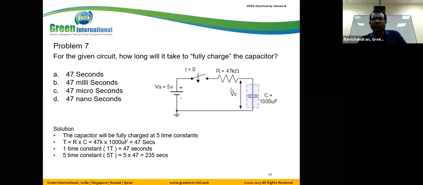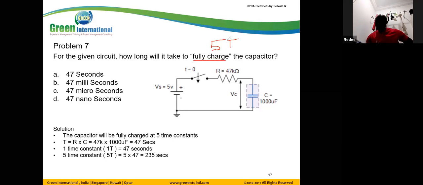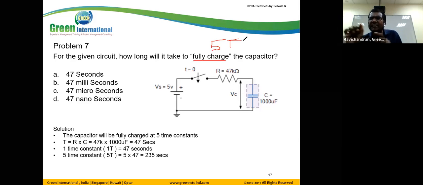For the given circuit, find how much time it takes to fully charge. That is 5T. Full charge is reached only at steady state, which means 5 tau.